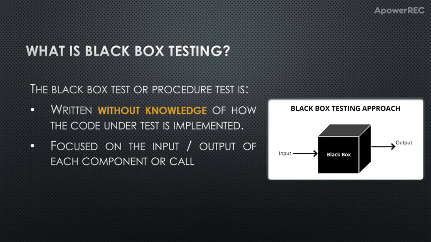The testers know what to expect from the black box output, and so they test to make sure that is what it actually sends out. To ensure the testing is done without knowledge of the inner workings of the system, black box testing is generally done by an independent tester or by the consumer.